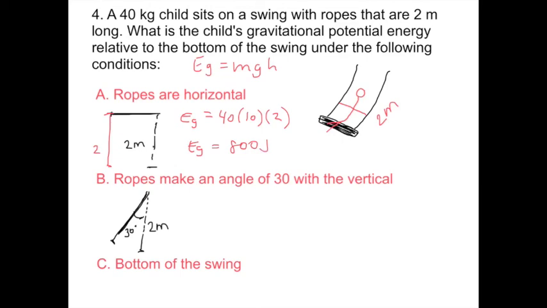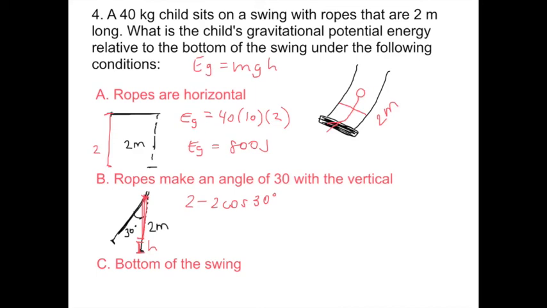In the second scenario, the ropes make an angle of 30 degrees with the vertical. Now the height above the ground is much smaller. So in order to find this height, h, to plug into the equation, we'll do 2 meters, that's the bottom of the swing, minus 2 cosine 30 degrees. That's this other part of the rope that we're subtracting because that's not part of the child's height.